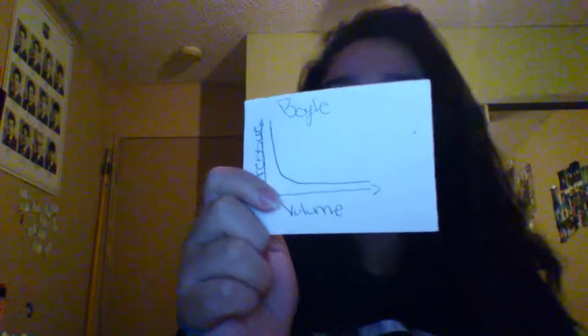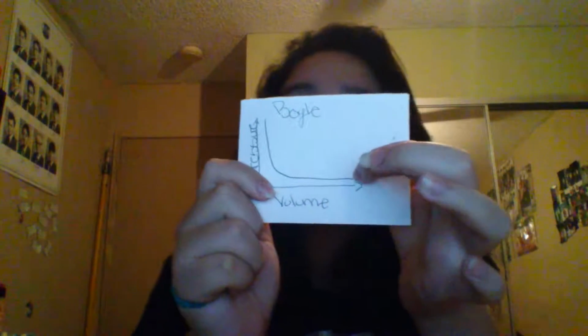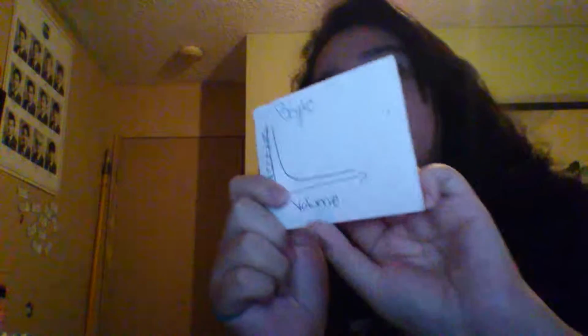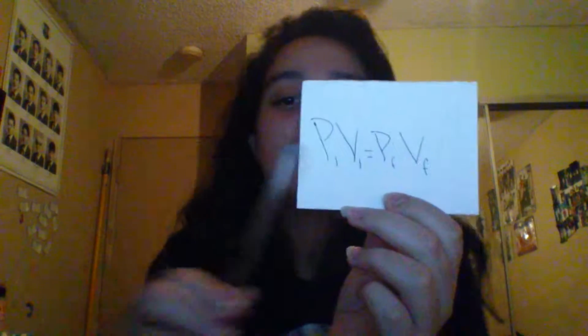The graph for Boyle's law is this, and the equation is Pi Vi equals Pf Vf. I didn't mention temperature because it is constant in Boyle's law, so we don't include it in the equation.